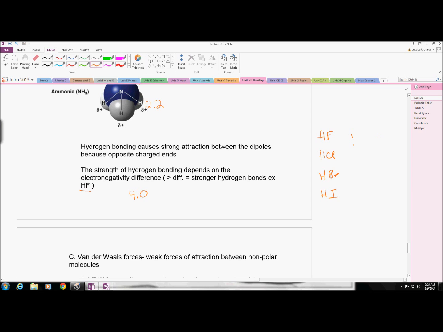Remember that electronegativities decrease as you go down the group. So the strongest hydrogen bonding would be seen in HF, and the weakest hydrogen bonding would be seen in HI. If they give you different molecules and they want to know which shows the strongest hydrogen bond, it's always the one with the highest electronegativity.